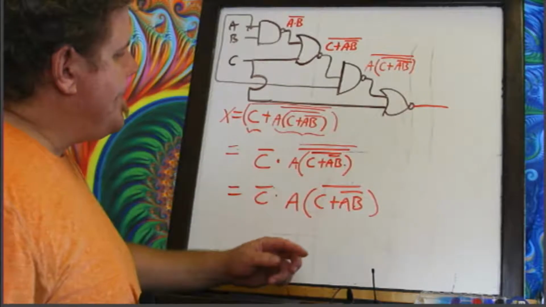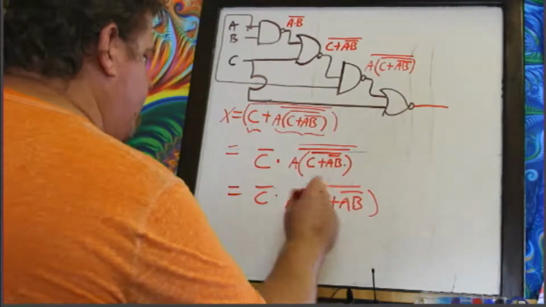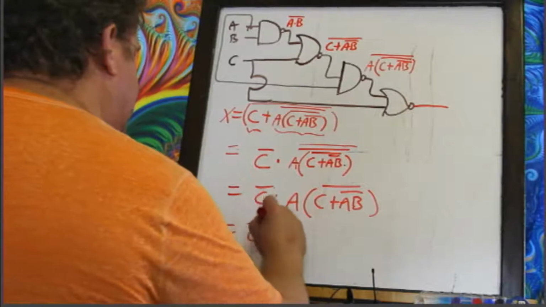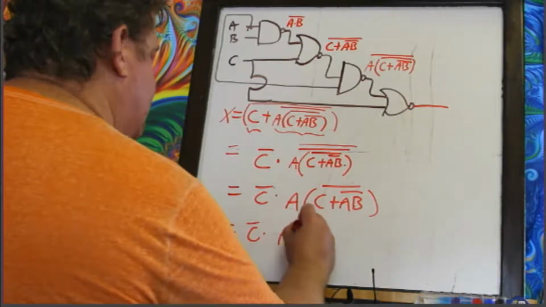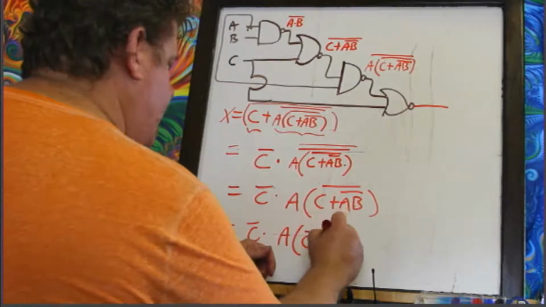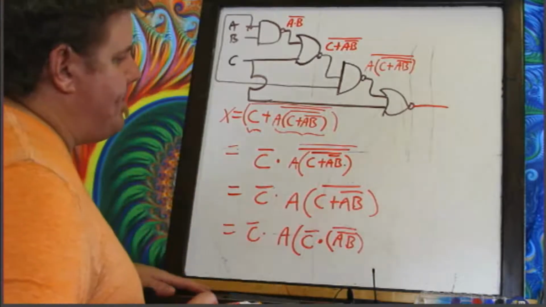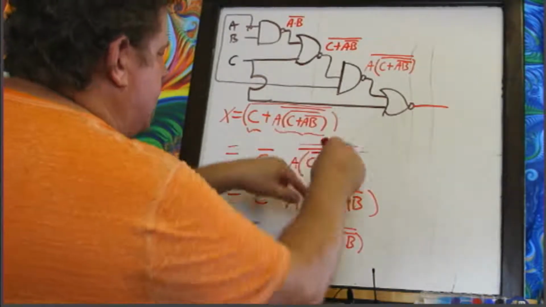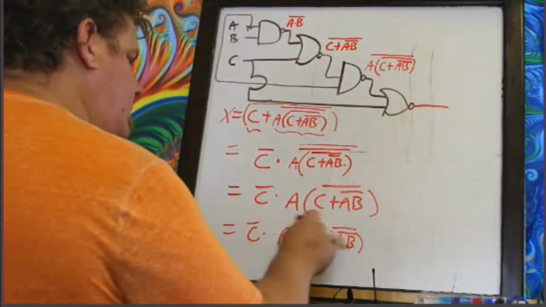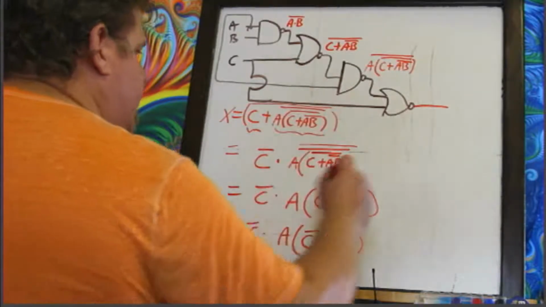Okay. Now I'm going to break the bar on this one and distribute it. And so now I've got C NOT times A times C NOT and the quantity that's double barred now. So I broke the top one, distributed it, changed the sign between. I know that anything complemented twice goes back to itself.